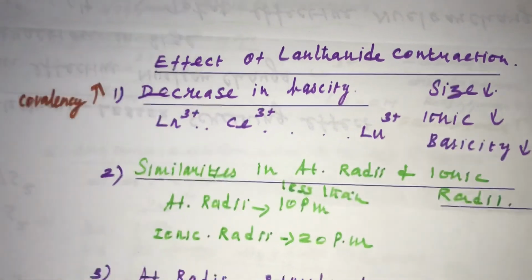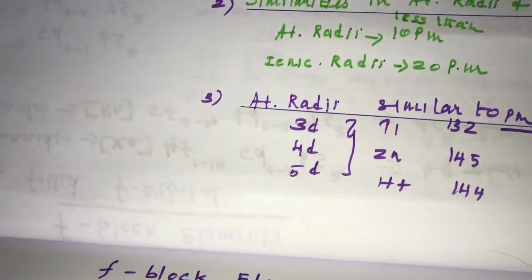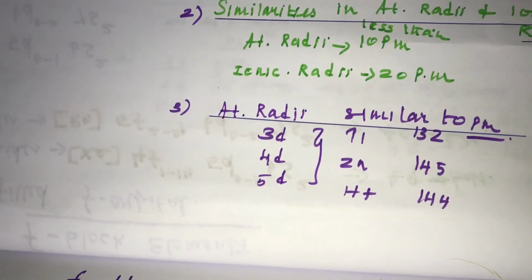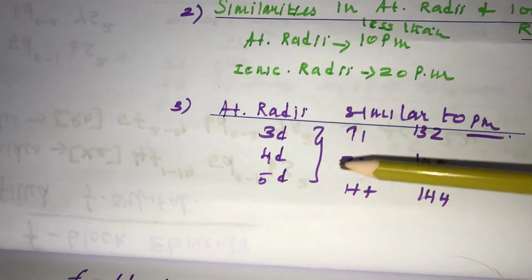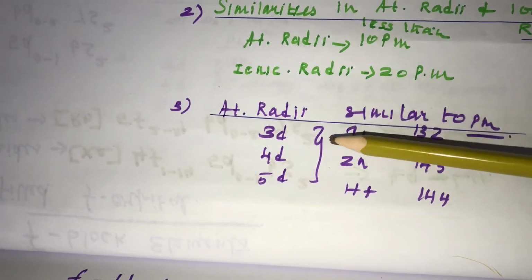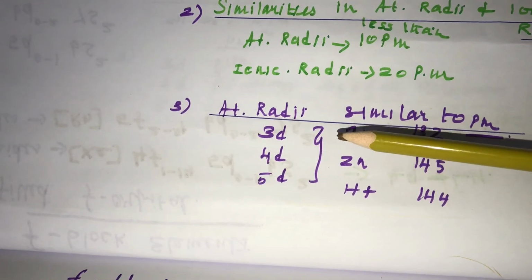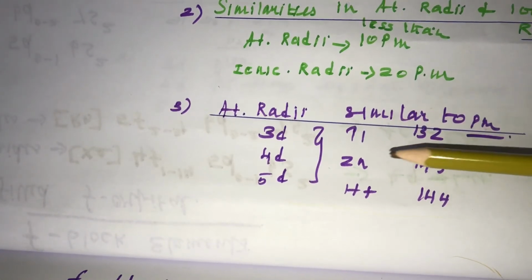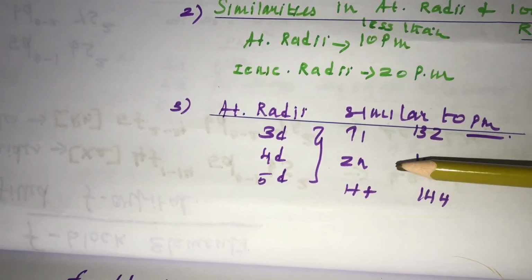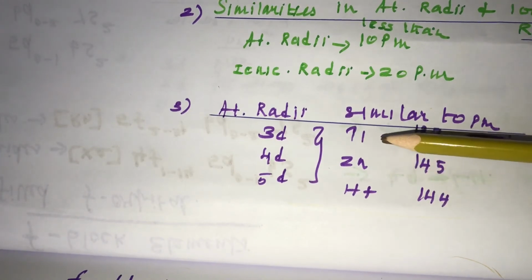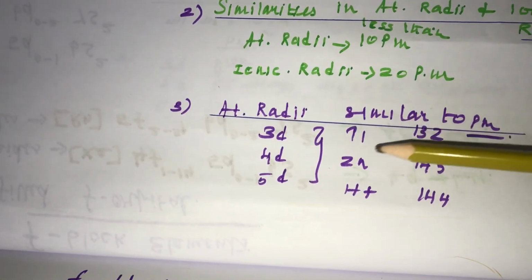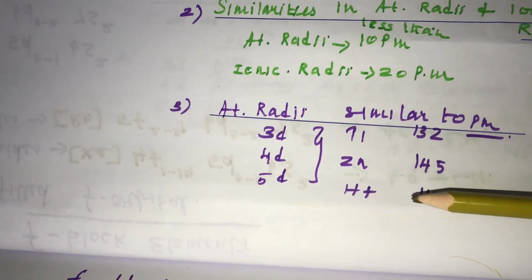Next, due to lanthanide contraction, the size of the f-block elements is similar to that of the 3d and 4d transition series. For example, the 3d transition series element titanium, 4d zirconium and 5d hafnium.